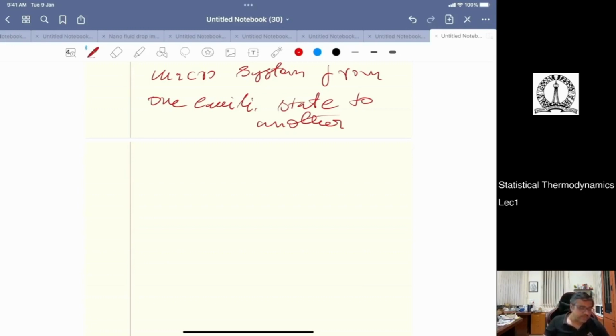Because we were never certain, the insights were not there. Therefore, we have to deal with microscopic systems and understand what is happening at the microscopic level. Once we understand that, you will get a very clear idea of how it can be translated to the macroscopic level.